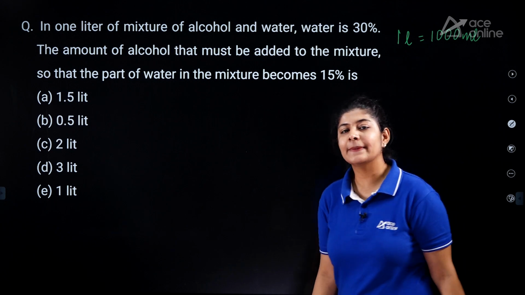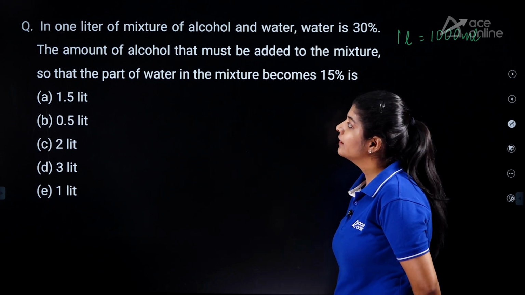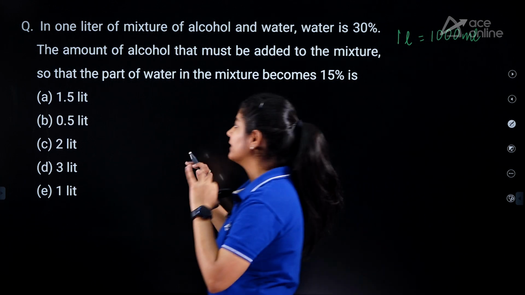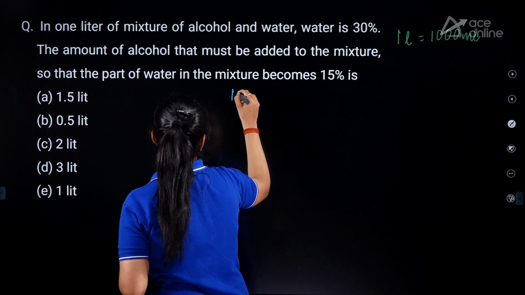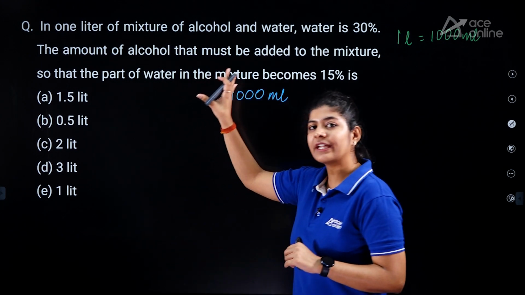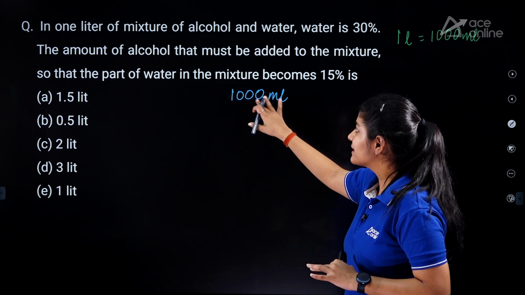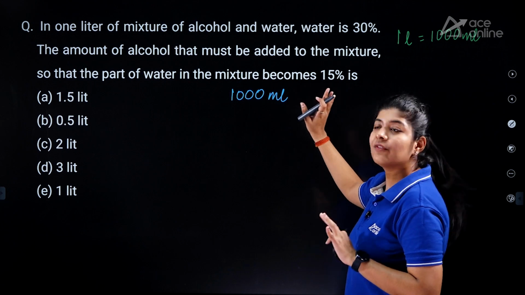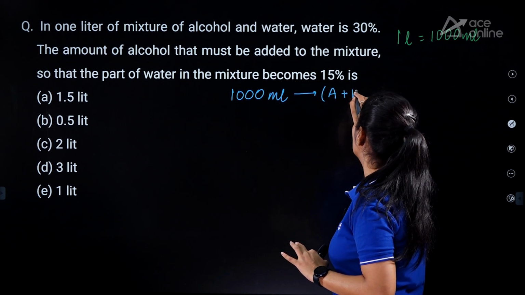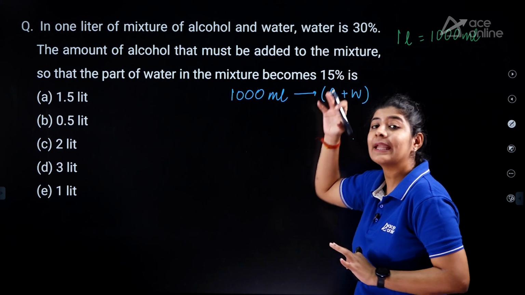Okay, just simply solve this particular question. So the question says that here I am having a 1 liter mixture. Instead of taking 1 liter, I am just taking 1000 ml. This is a mixture of alcohol and water. In this particular mixture, water is 30%.